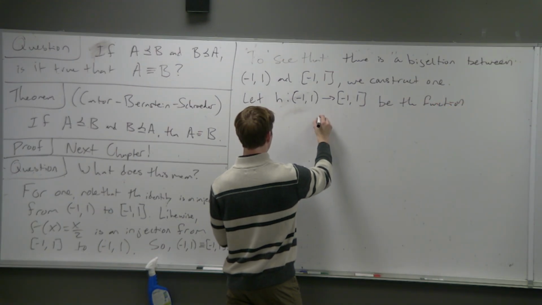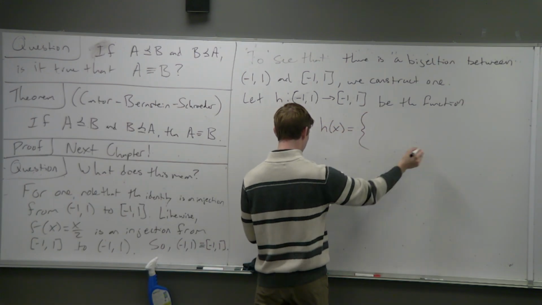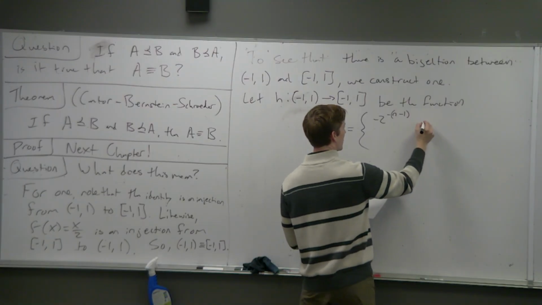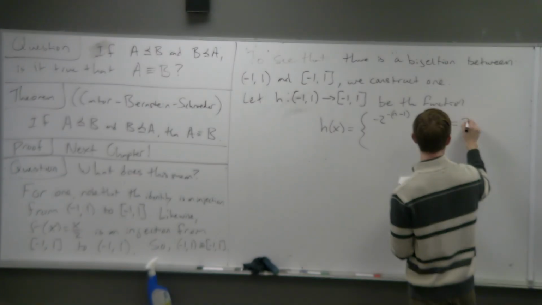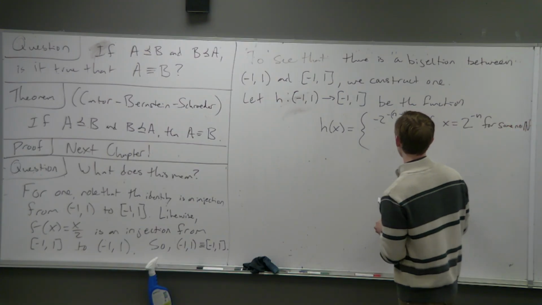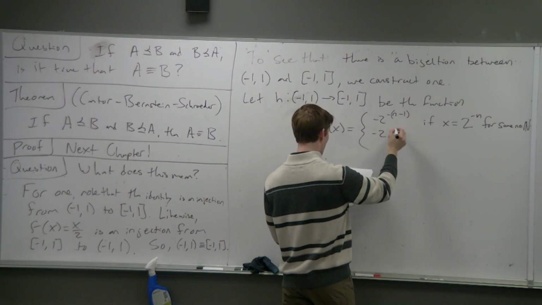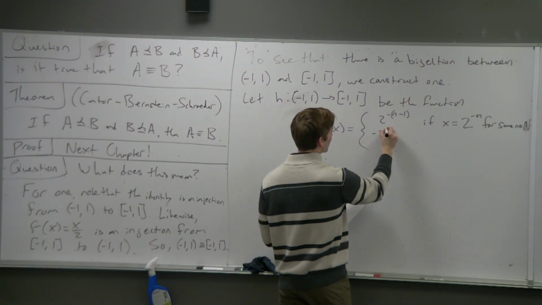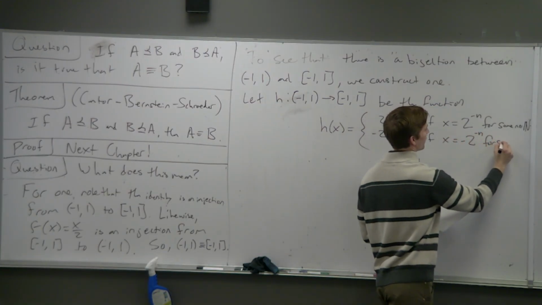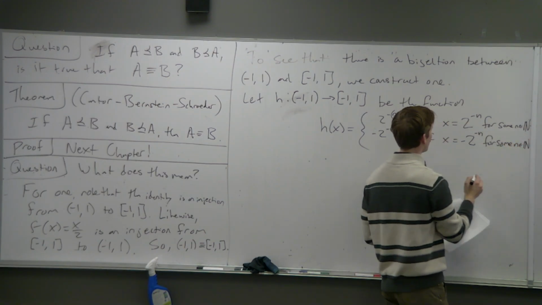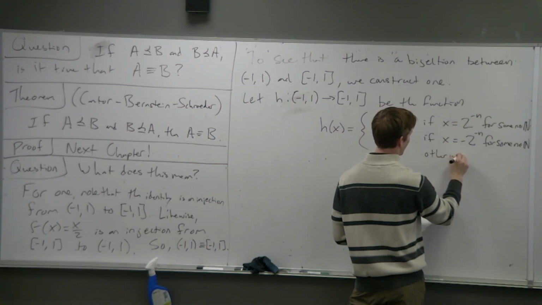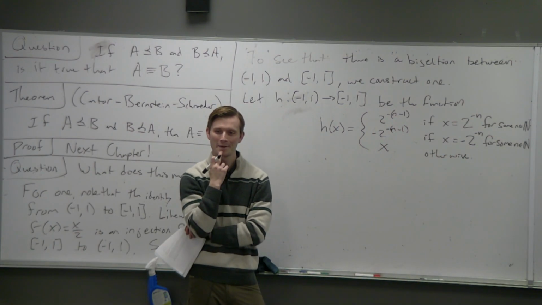I'll say h of x is -2 to the minus n minus 1 if x is equal to 2 to the minus n for some n in the naturals, 2 to the minus n minus 1 if x is equal to -2 to the minus n for some n in the naturals, and x otherwise. Huh.